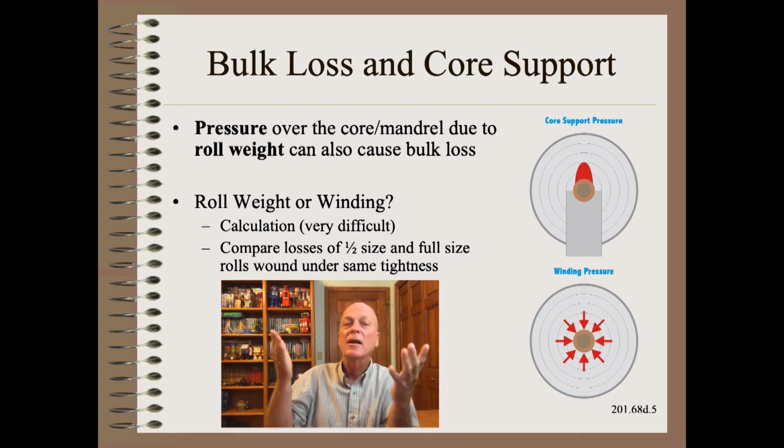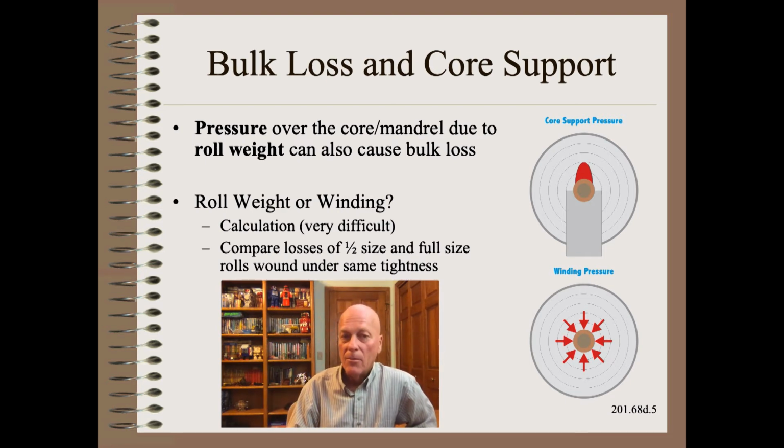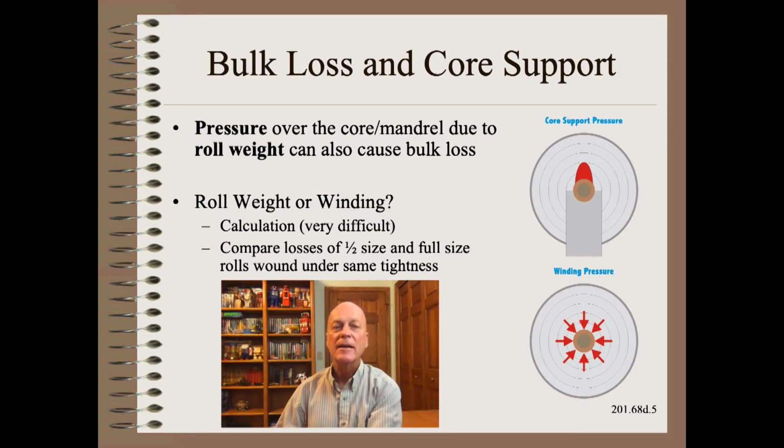So, how do you know which one is biggest so that you can work the problem most effectively? Simple. Compare the losses at the core when winding a half-size roll with a full-size roll wound under the same tightness. If bulk loss is reduced during that test, then winding is the big deal.